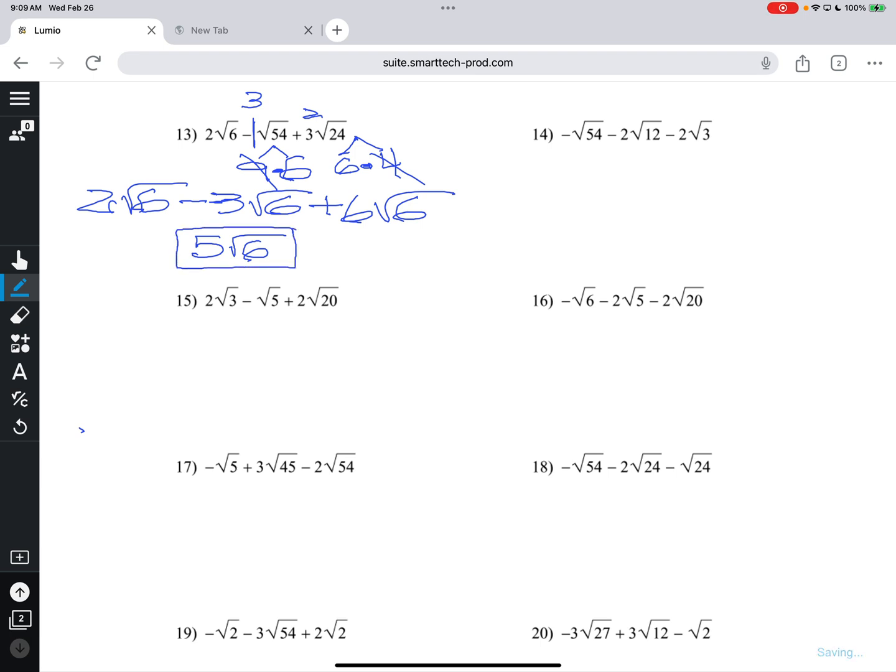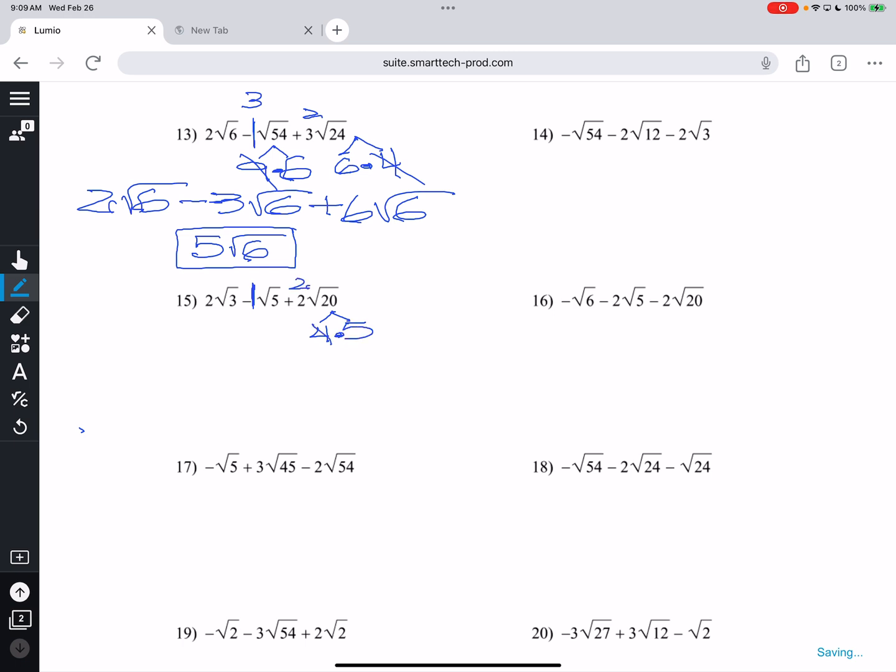Okay, I'm putting a 1 in front of this radical 5. All right, what happens with 15? What breaks down? Into what? 4 times 5. 4 comes out as a 2.